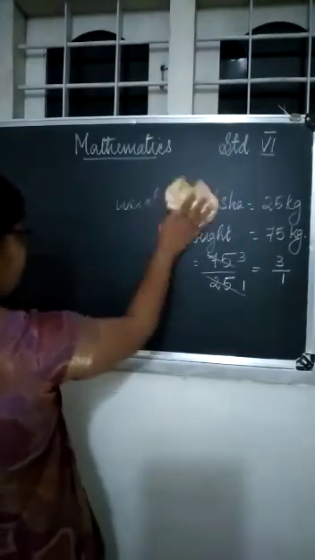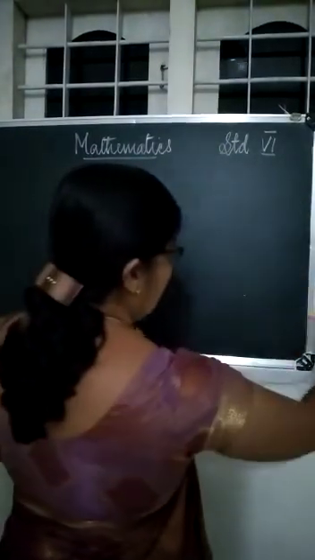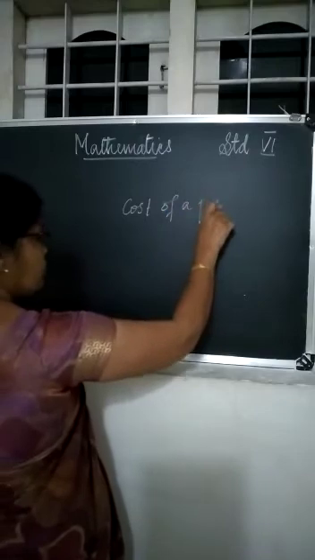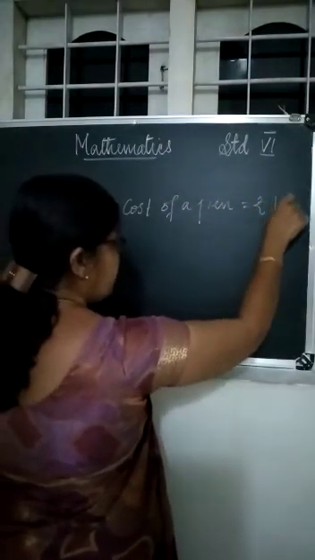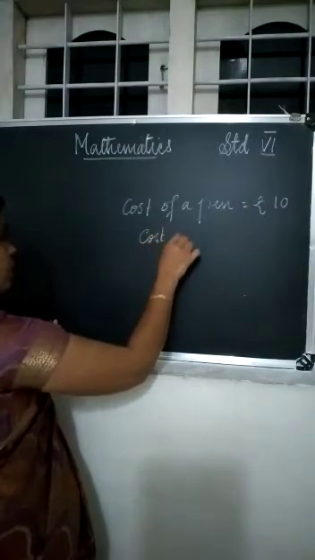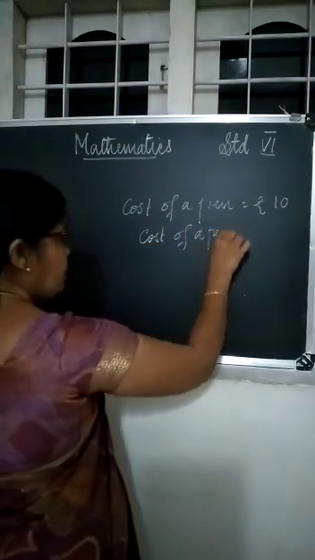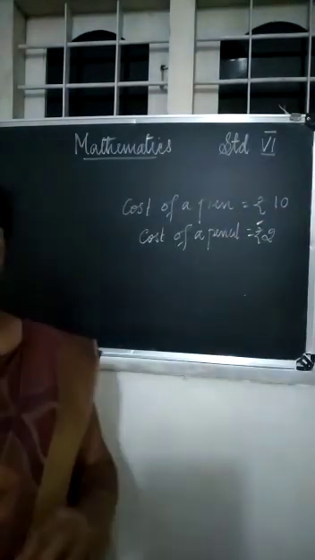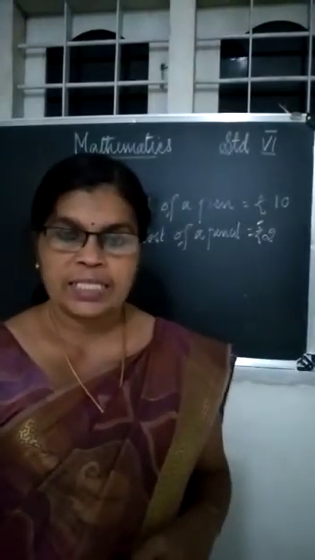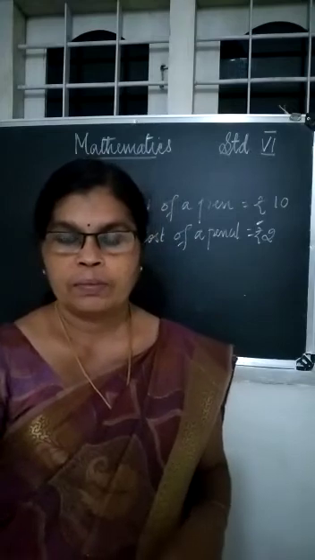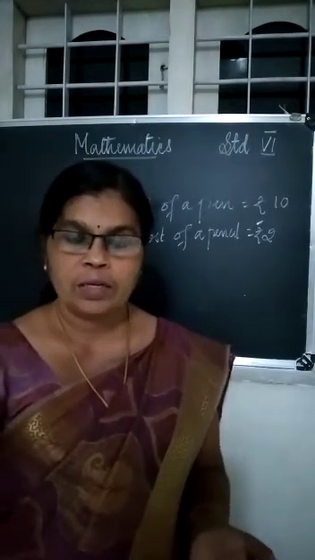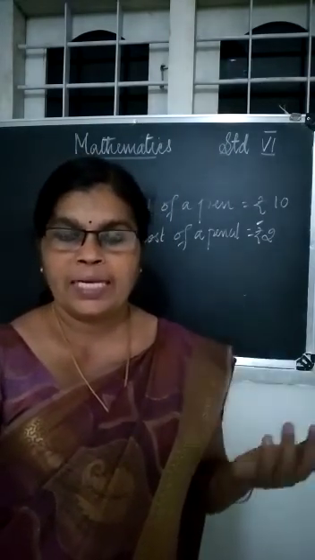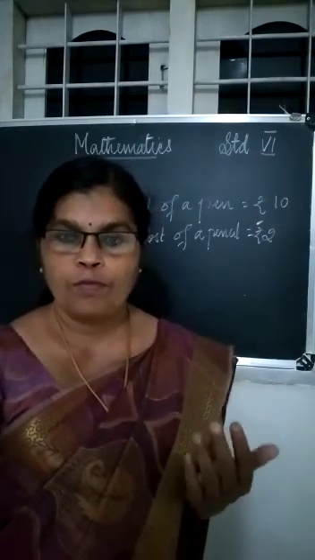The cost of a pen is 10 rupees, and the cost of a pencil is 2 rupees. Here we have to compare, by how many times the cost of the pen is greater than the cost of the pencil.